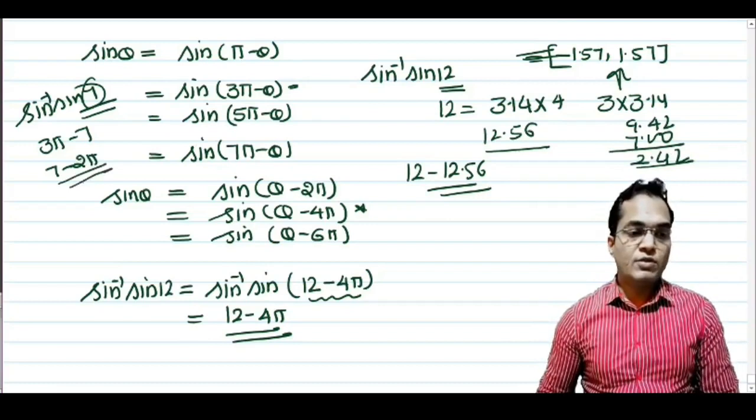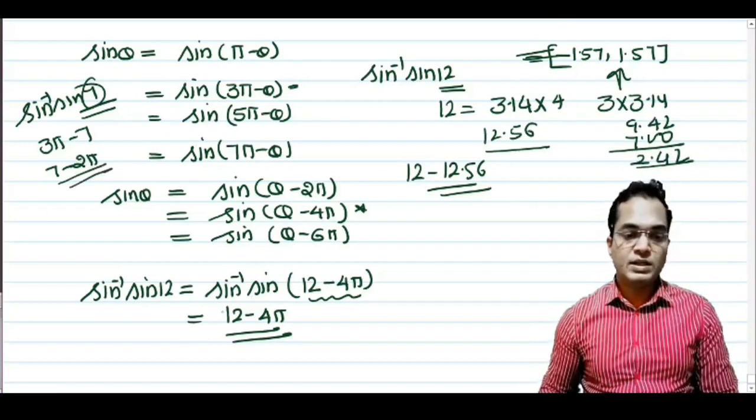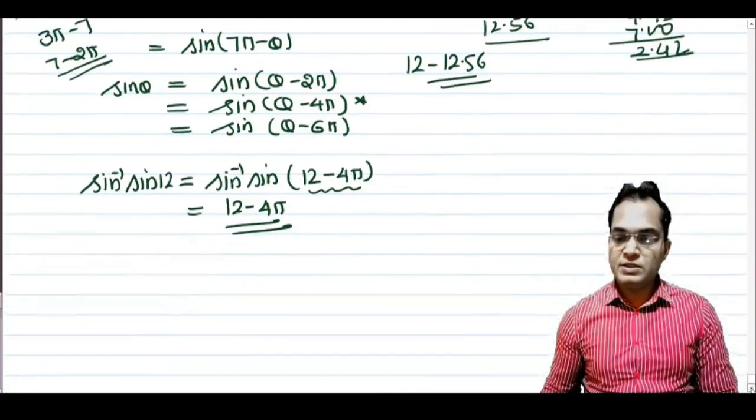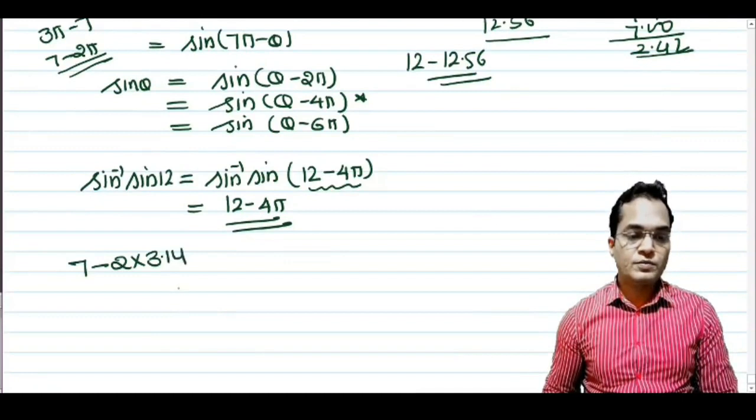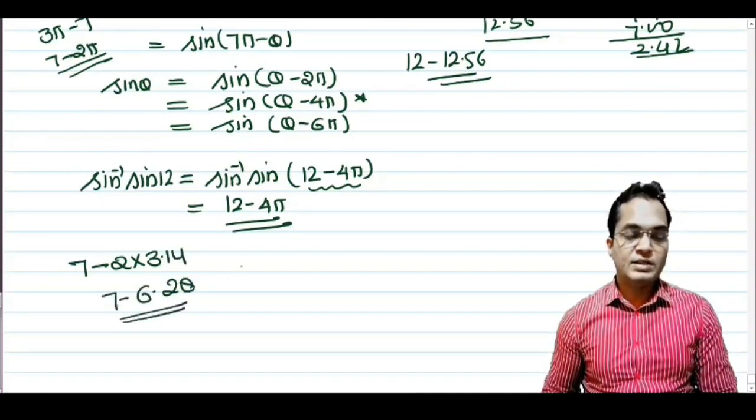But when we solve 7 minus 2 pi, then what will happen? 7 minus 2 into 3.14, it is 6.28, and subtract it. This is 7.00 minus 6.28. You can easily solve.